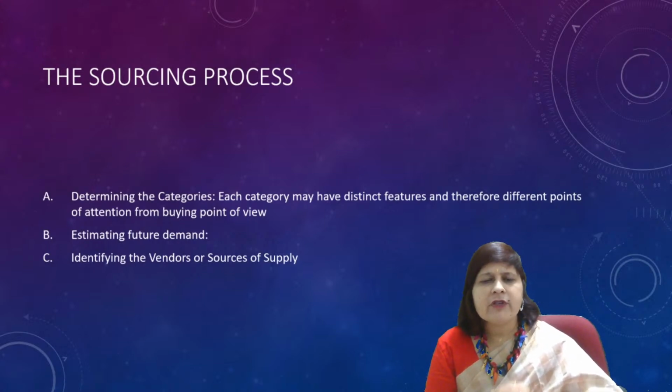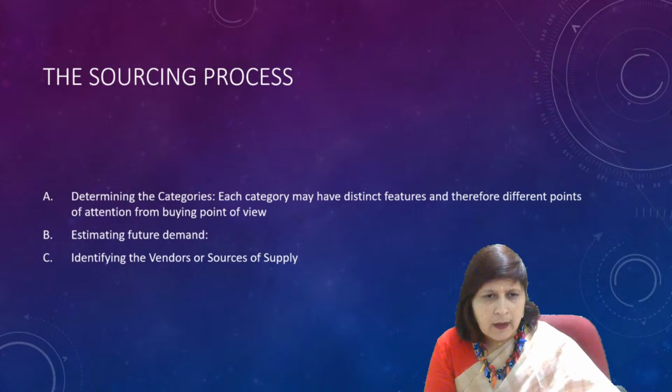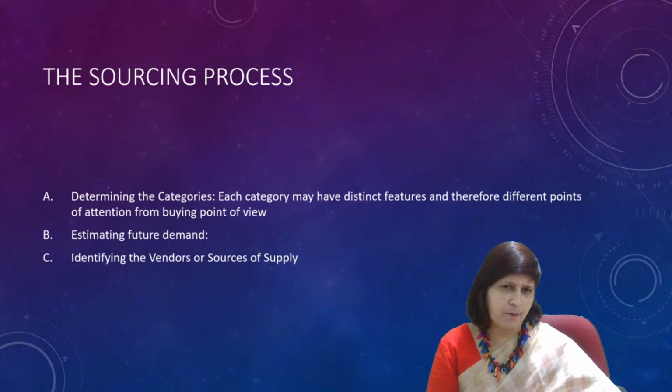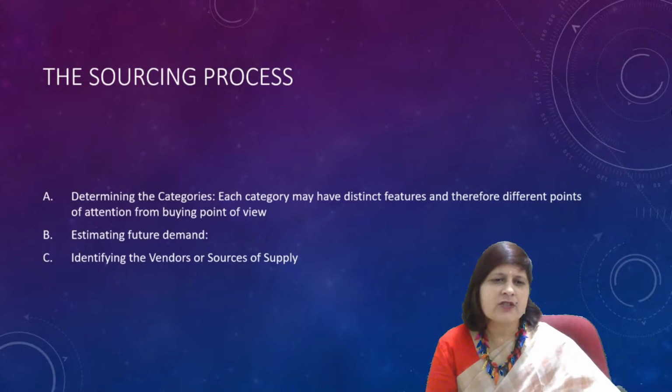Each category have distinct features, and therefore different points of attention from buying point of view. Yeah. In retailing, it is very important to categorize your products, right? And each category has different features, distinct features.